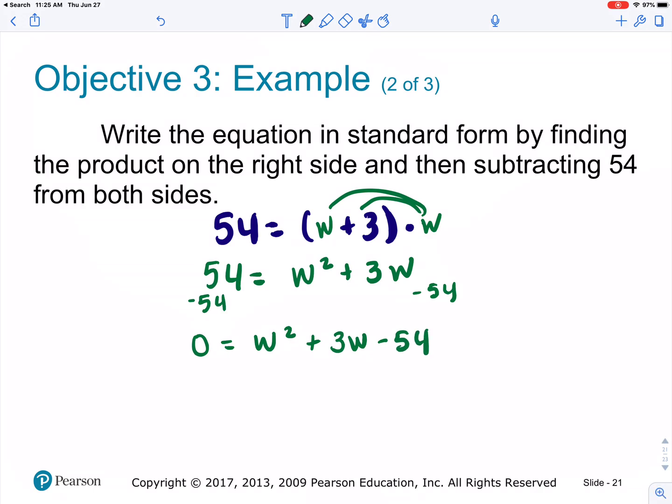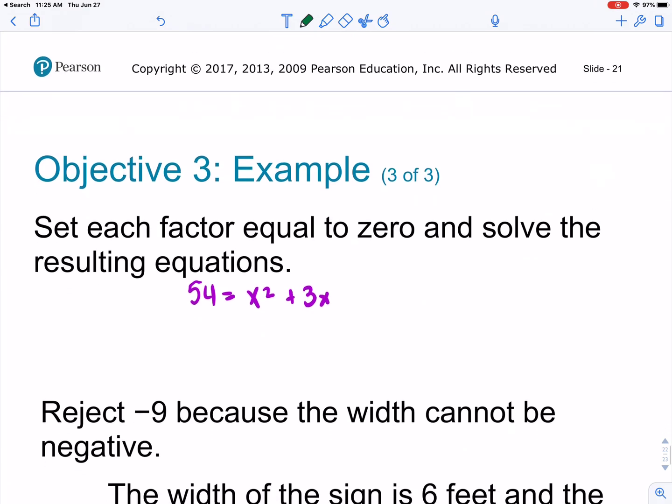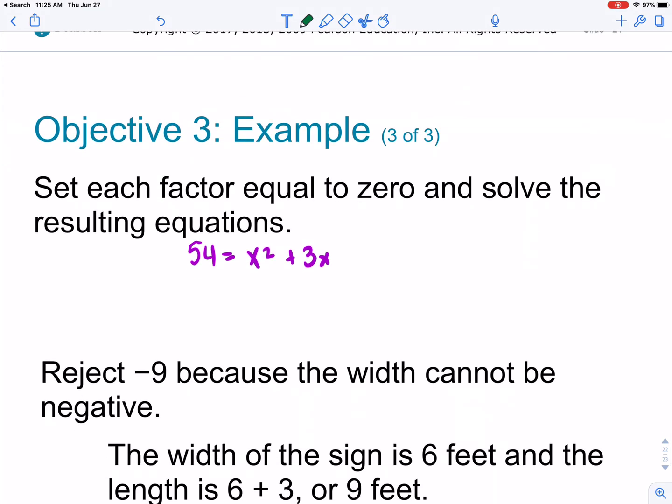So I set it up in standard form. My next step is to factor it. I used different letters, but that's all right. So w squared plus 3w minus 54 equals 0 is what we got on the other slide.